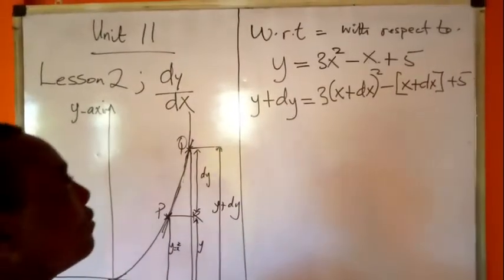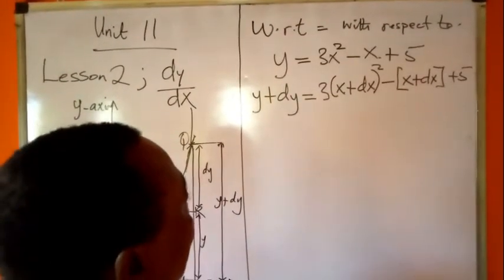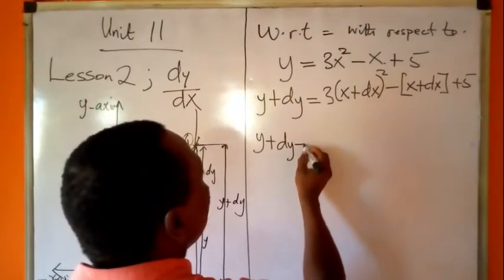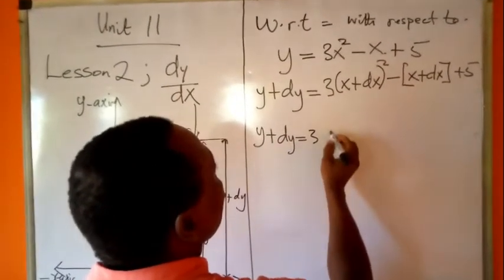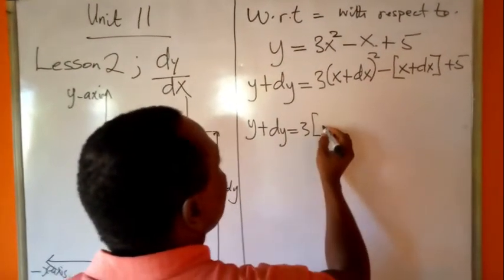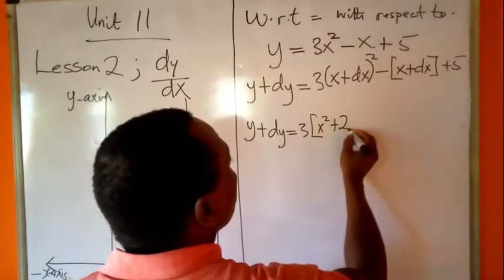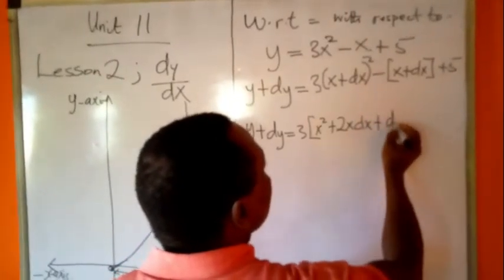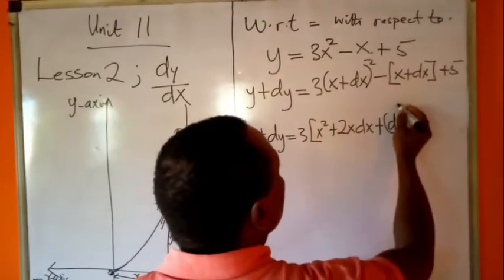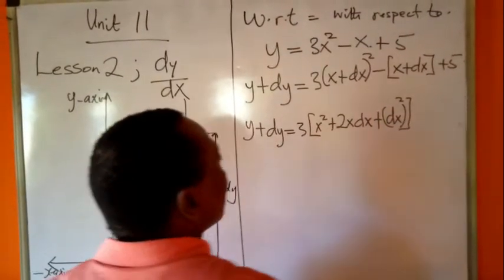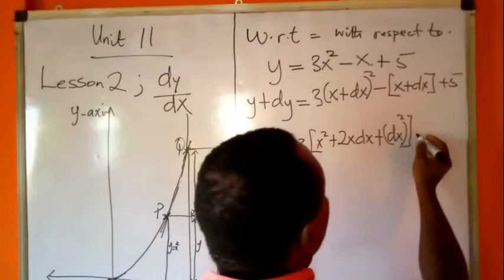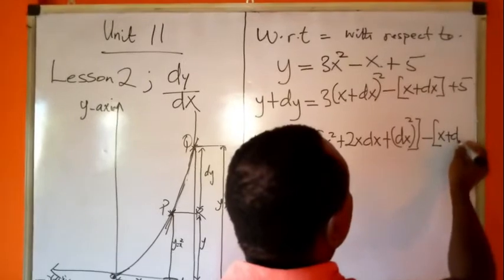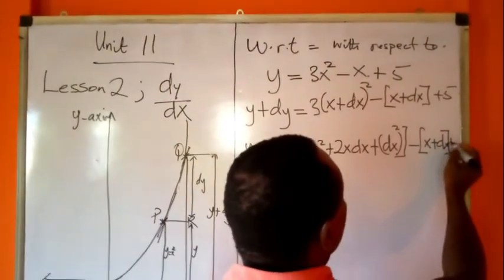So that is what you have. So if we do the expansion, we simply have y plus dy equals 3. You have known and become x squared plus 2x dx plus dx all squared. That will do the bracket and now become minus bracket x plus dx plus 5.